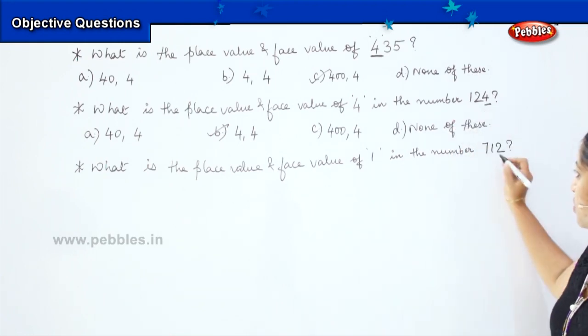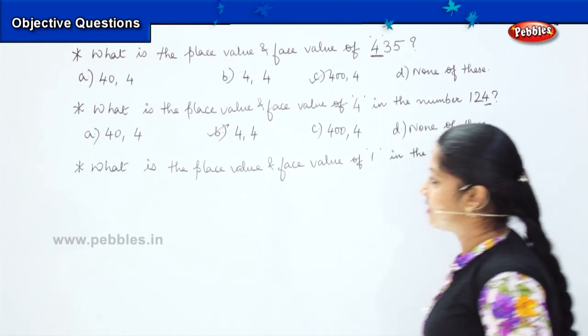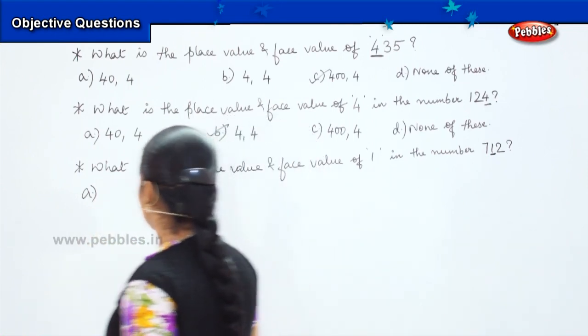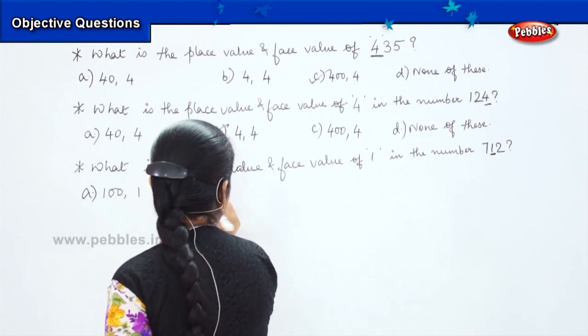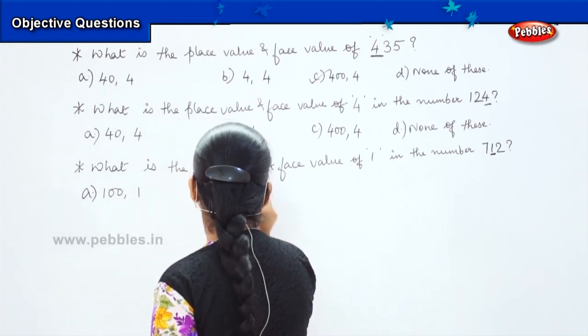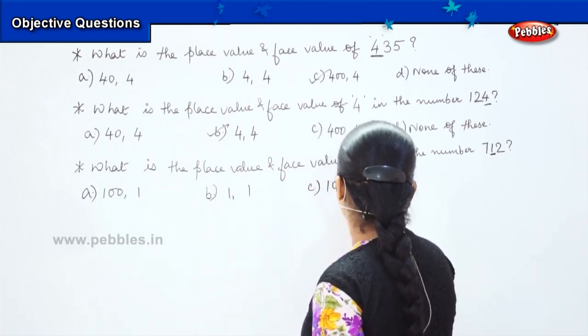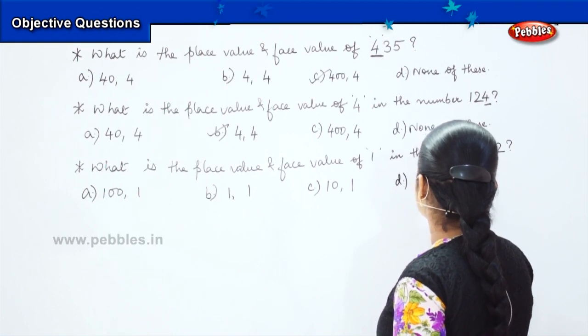Okay, so this is the number which we have to find out. Before that I need to give you the options, right? My options are 100, 1. My next option is 1, 1. My third option is 10, 1. And my fourth option is all of these.